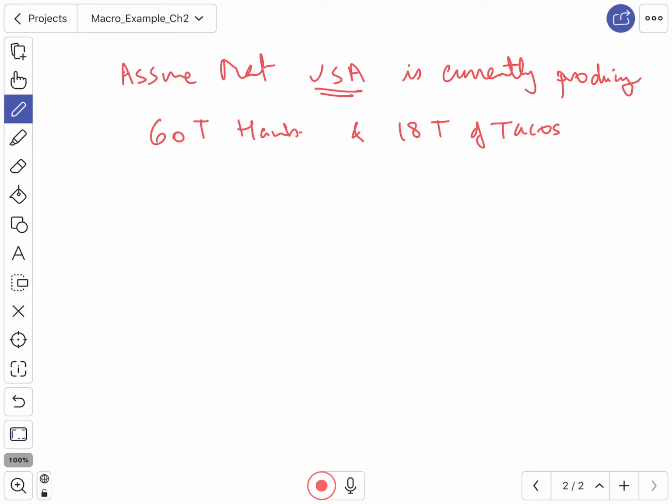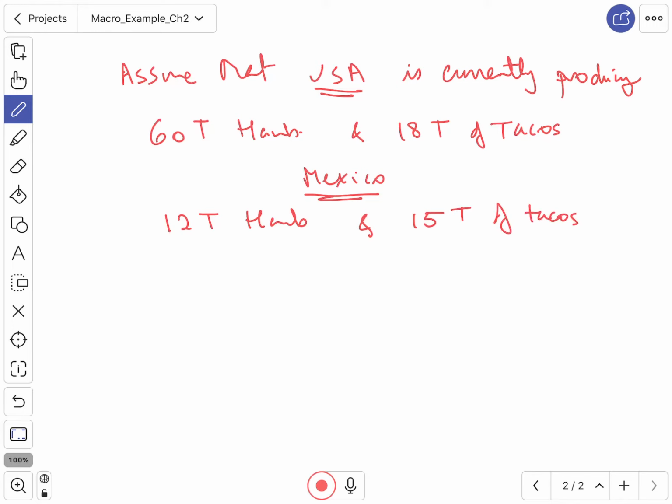And suppose that Mexico is currently producing 12 tons of hamburger and 15 tons of tacos.